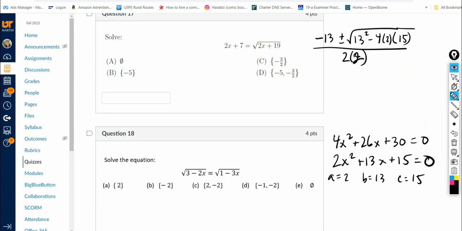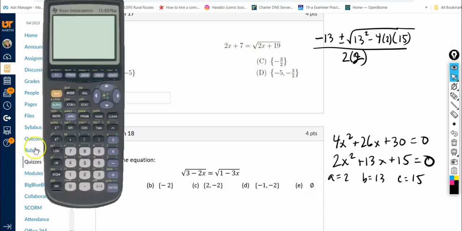Okay. So inside that square root symbol, the argument's going to be 13 squared minus 8 times 15. And that's going to give me 49. So the argument inside here is 49.